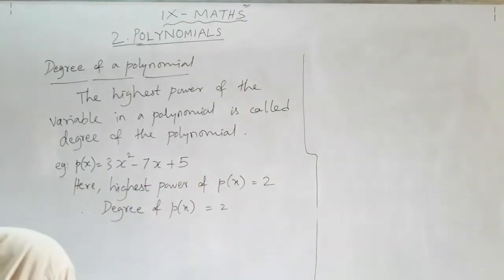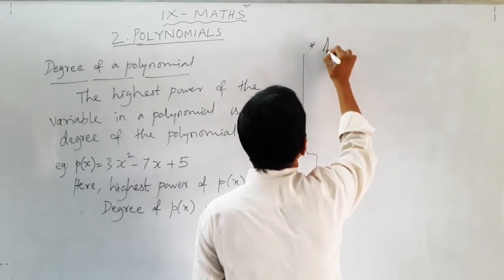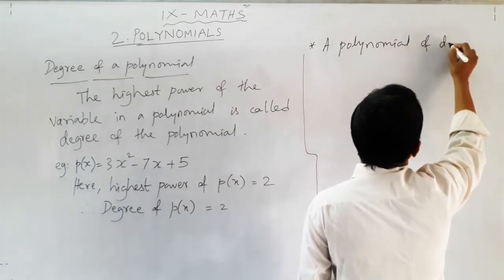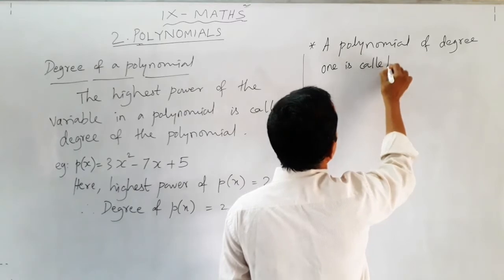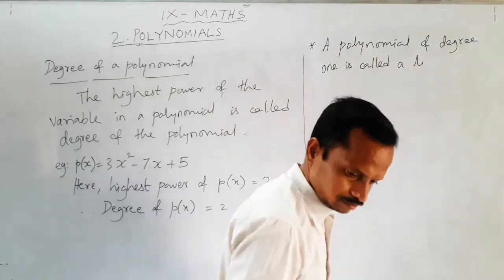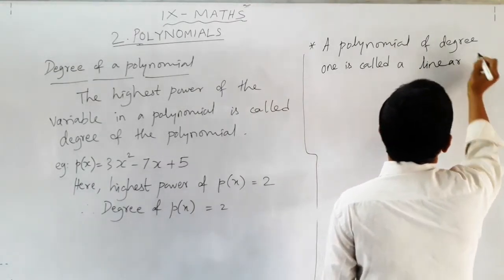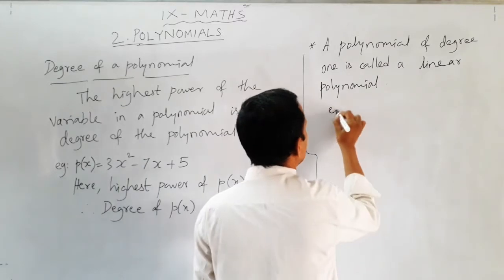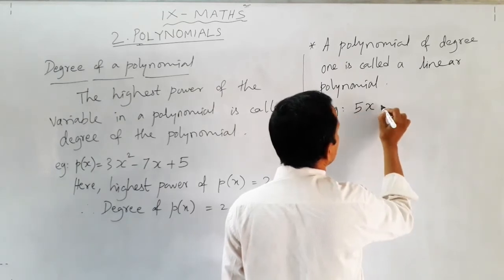For example, a polynomial of degree 1 is called a linear polynomial. Okay, example, 5x minus 3.